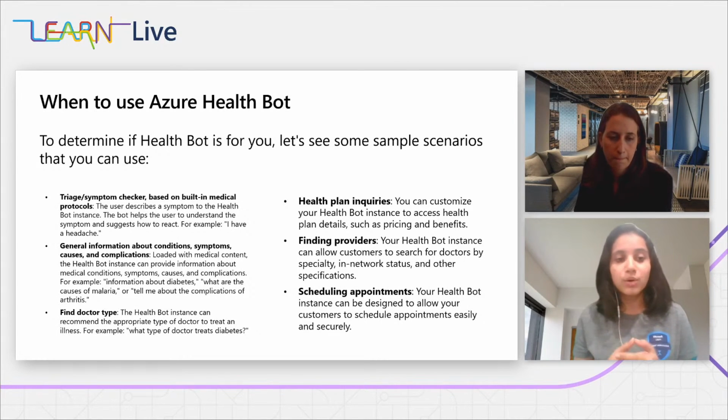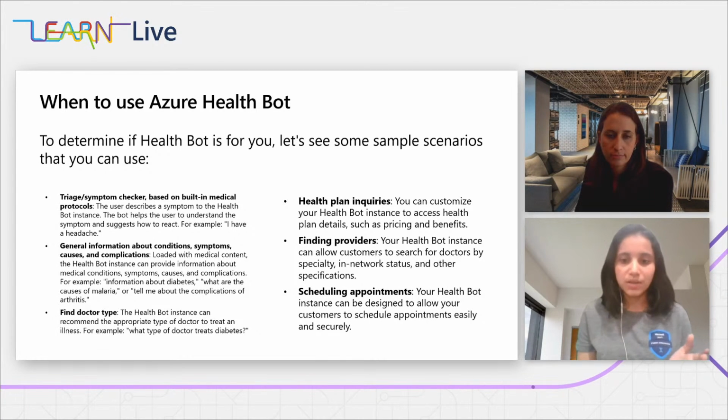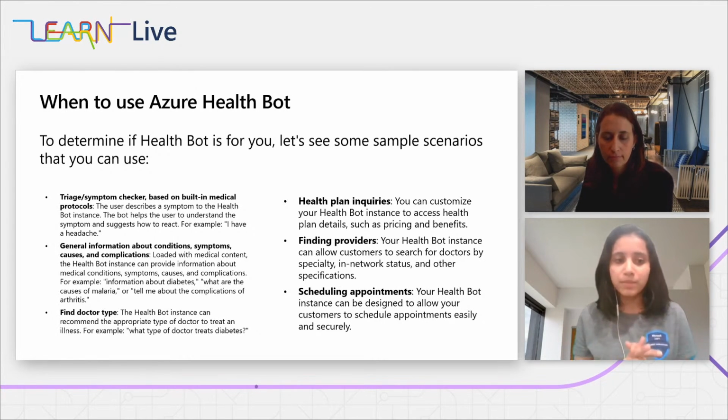Or you can go for finding providers, for example, searching doctors by specialty, in-network status, and other specifications. You can also build your HealthBot to schedule appointments with your doctor, your dentist, or any other specialty, which is a very useful and handy thing to do. So these are some of the examples in which you can use the HealthBot.